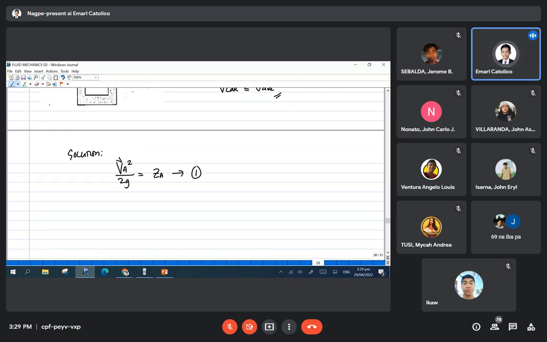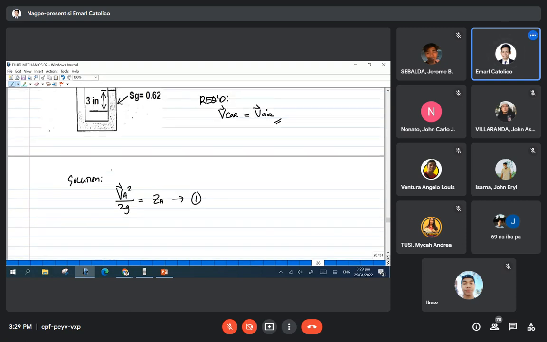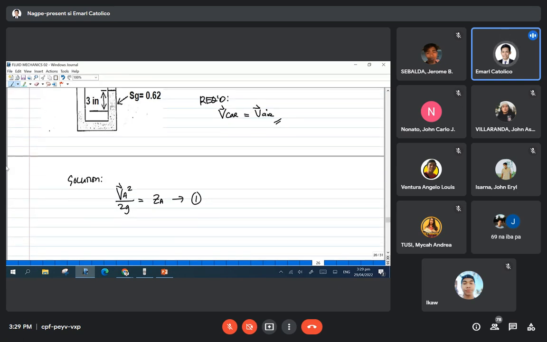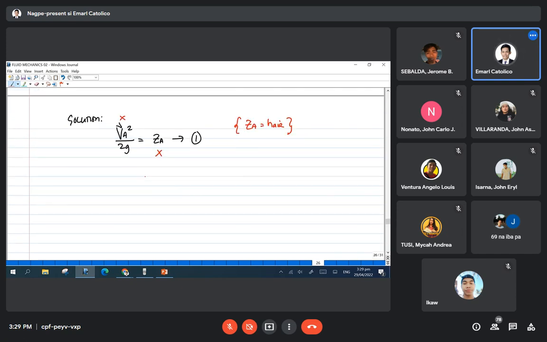Serve natin siya as equation number 1. So, elevation head ng ating air, wala. Yan yung H ng air. Velocity ng car, wala din. So, isolve muna natin si H ng air or elevation ng ating air.